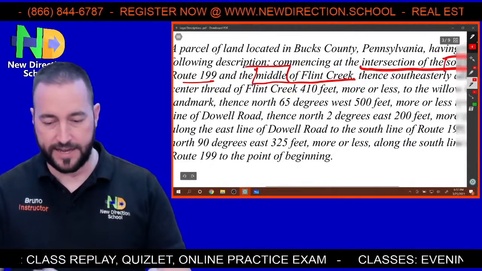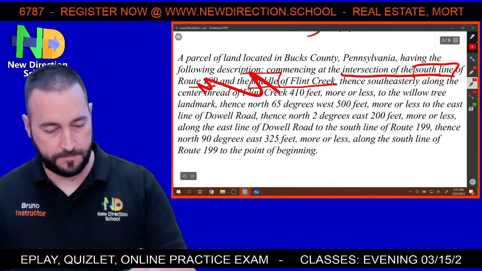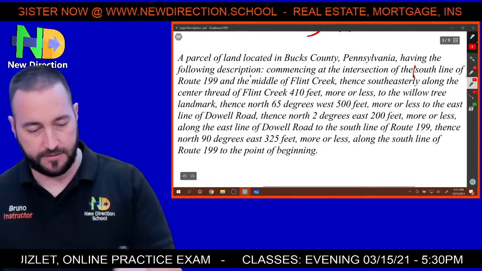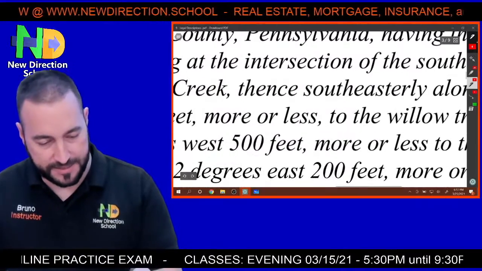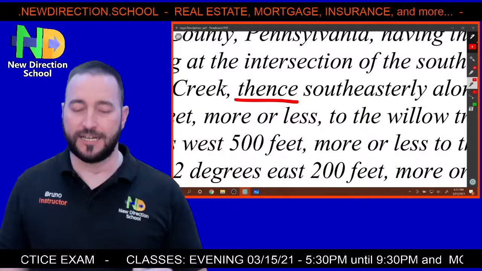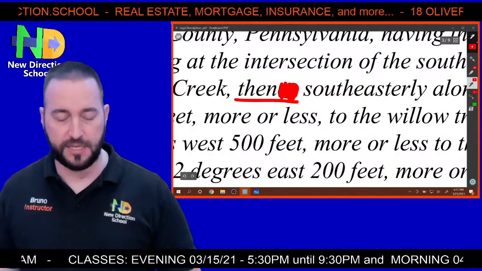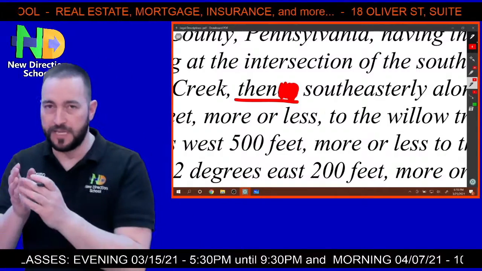Go back to this. What it says next, after we identified the point of beginning, it says thence. That's what it says. What I want you guys to remember is that this word means then. So you found the point of beginning.